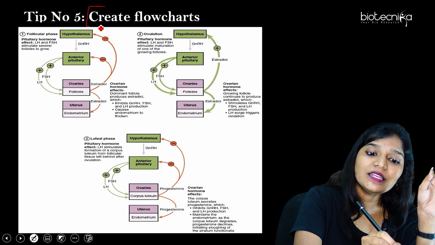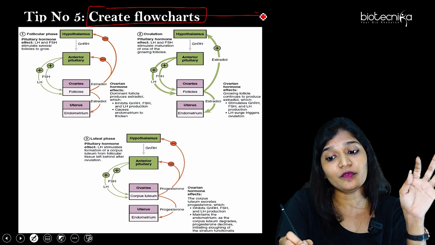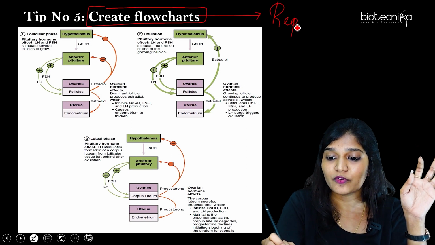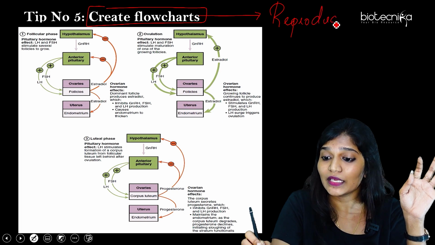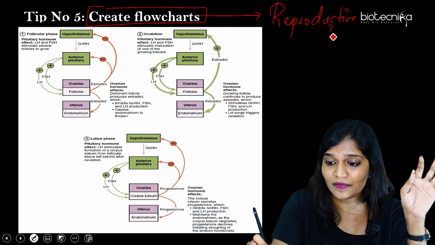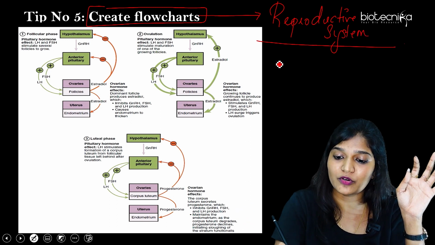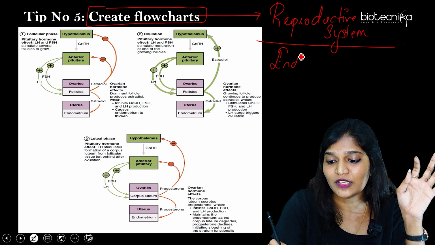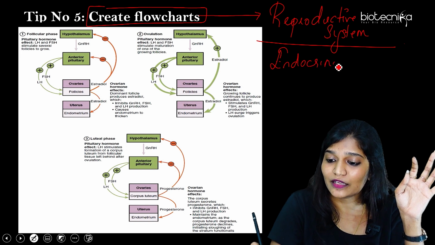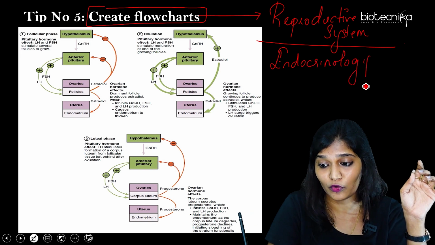The next one: create flowcharts. You can follow this specifically for the reproductive system, and also for endocrinology, where you will have a lot of hormones. You can make it like a flowchart and literally follow it.